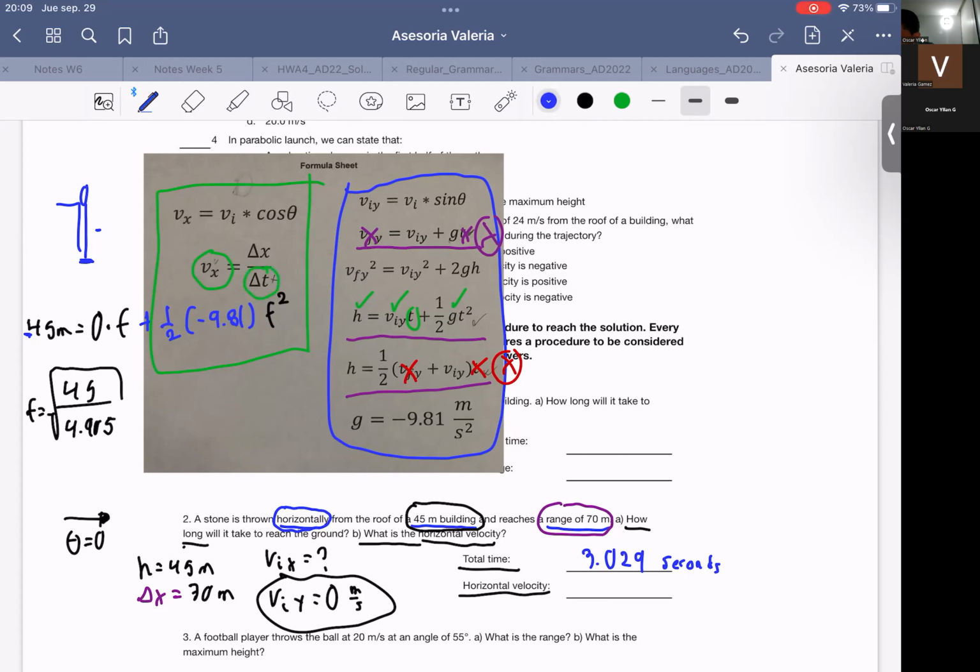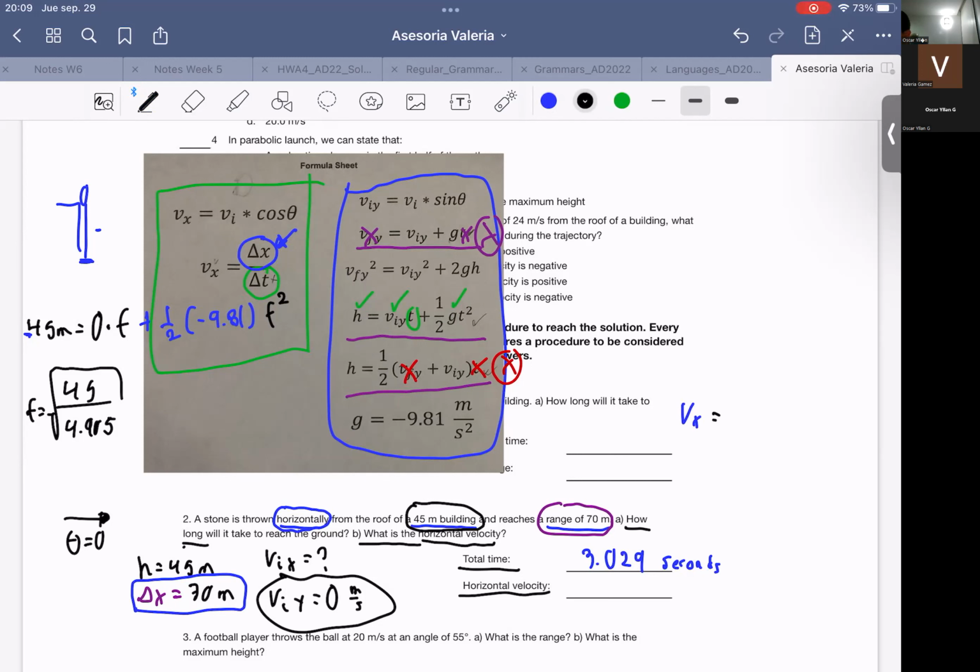So basically, sorry, no, we don't have the velocity, it's the one that we are going to get. But they give us the 70 meters, basically this one, and we just got the time, that is 3.029. So for getting the Vx it is really easy, just making the division.